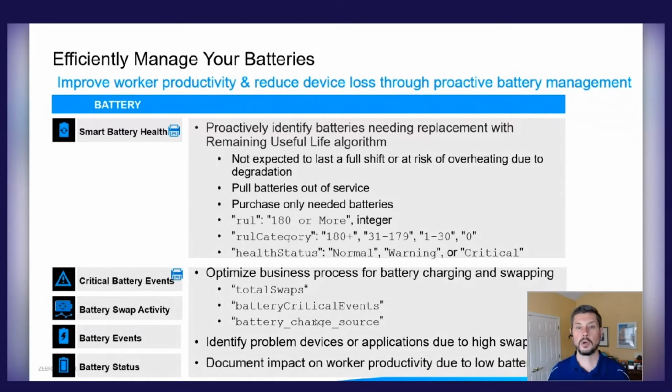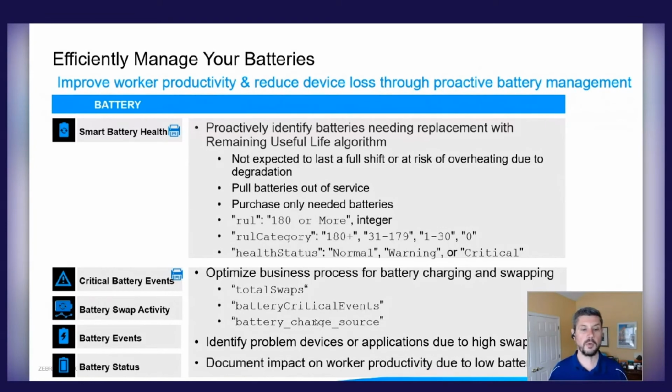So when a worker knows that there are devices with batteries or batteries that don't work well, that's when they start doing things such as hiding the good devices or putting things that aren't working in places so people don't use them. And then that ends up driving up costs for these users.